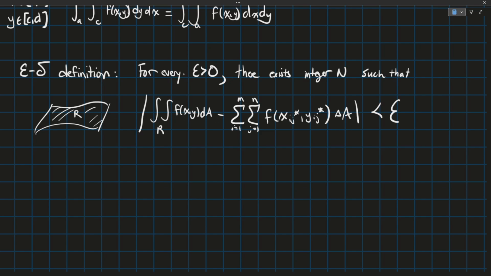So there's some epsilon that isn't 0, it's bigger than 0, where we can find some integer n such that the difference between this exact value and the approximation is less than epsilon, right? So we're saying this for all, by the way, all x and y in this region. So we can't take some random point out here, it has to be inside R, and m, n less than n.